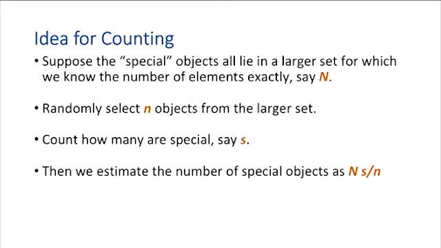What you can do is say, okay, suppose that this special object, say this path, lies in a larger set for which you know the number, say capital N. Then you randomly select little n objects from this larger set, count how many are special, say little s, and then estimate the number of special objects as capital N times little s divided by n.